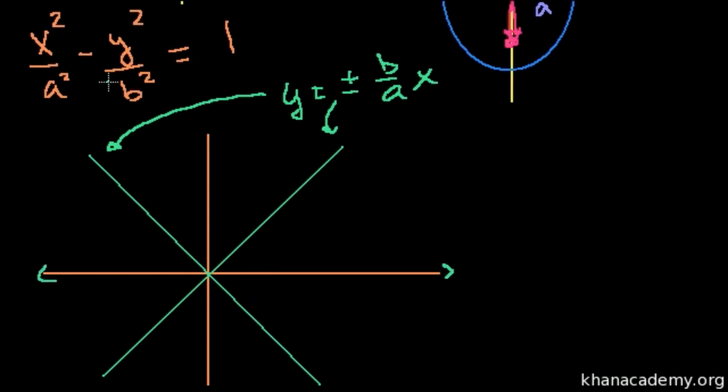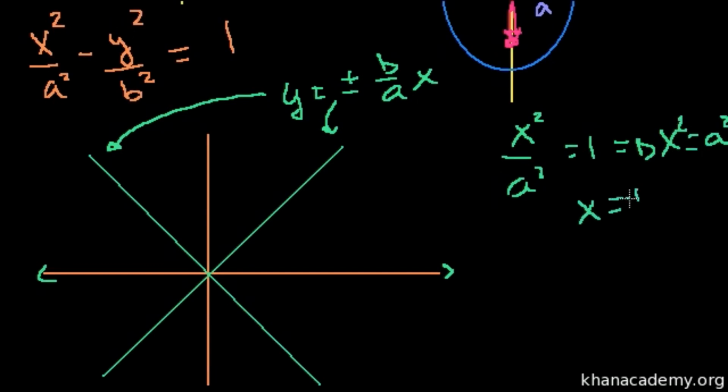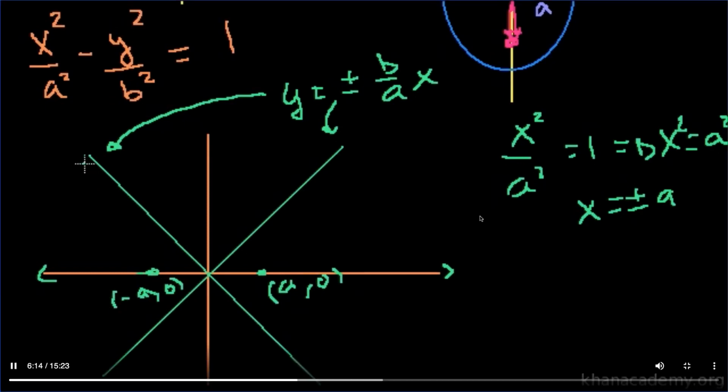So you get x squared over a squared is equal to 1, which means that x squared is equal to a squared, which means that x is equal to plus or minus a. So the point a comma 0, and the point minus a comma 0, are both on this hyperbola, and they have to be contained by these asymptotes.